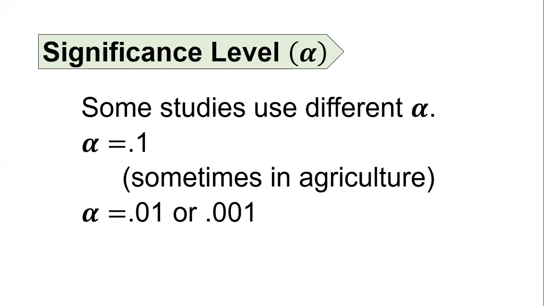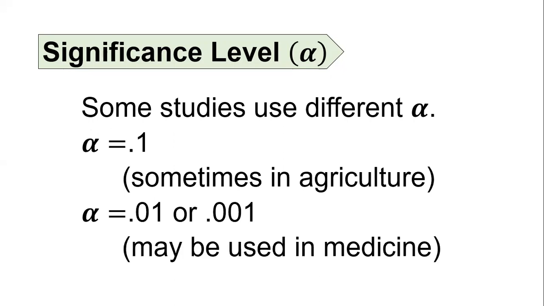And some studies use 0.01 or 0.001. These are actually used in certain studies wherein human lives are involved, for example in the medical fields or in medicine. There are some studies in medicine that use 0.05, and there are some that use a lower alpha, whichever is necessary or needed.